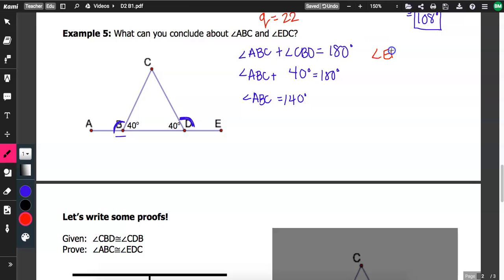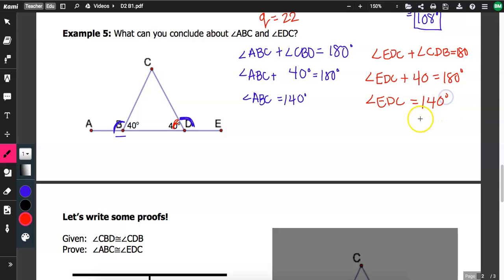Angle EDC plus angle CDB also equals 180, so now I'm over here. Angle EDC plus 40 equals 180. So angle EDC also equals 140. That means angle ABC is congruent to angle EDC.